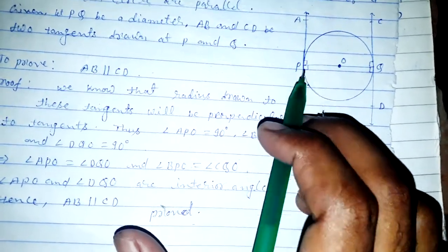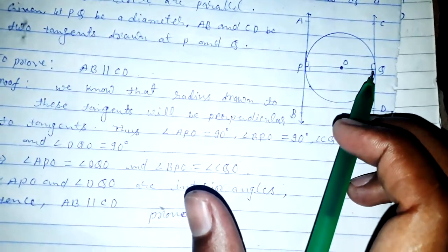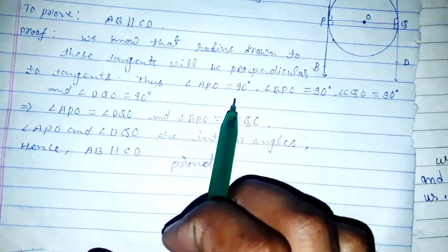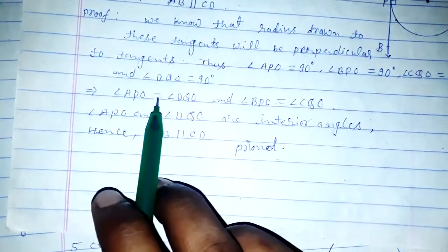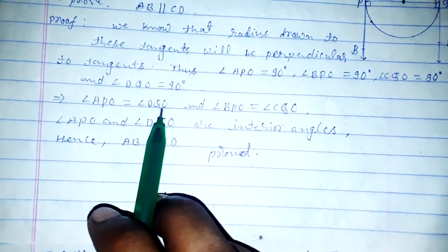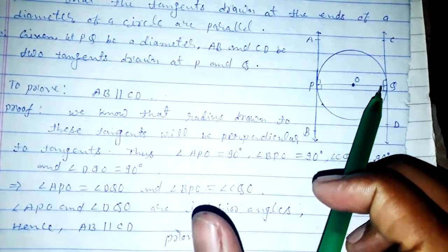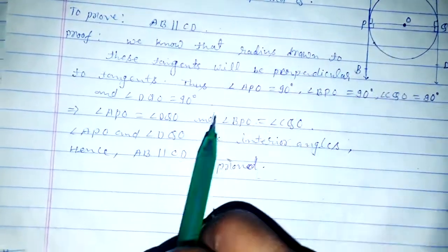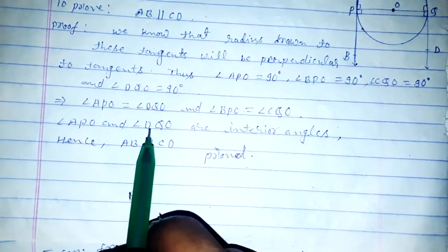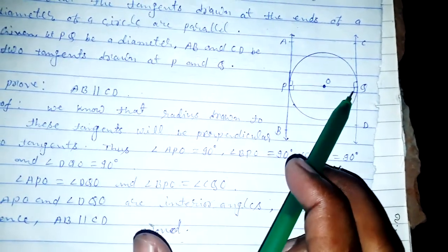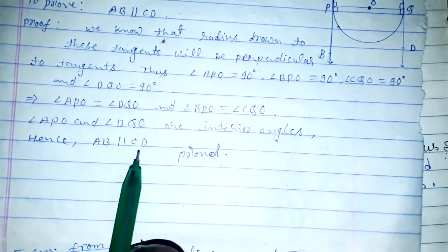Angles APO, BPO, CQO and DQO are all 90 degrees. So angle APO is equal to angle DQO, both are 90 degrees, and these are alternate interior angles. Hence AB is parallel to CD.